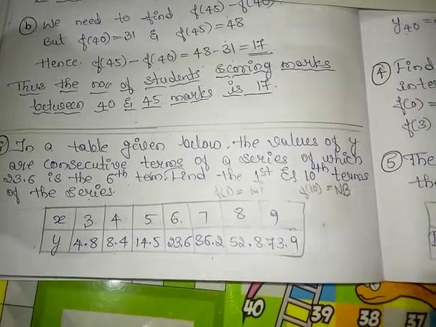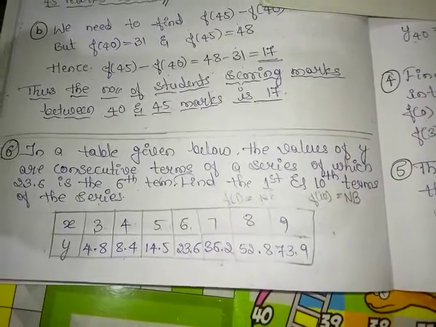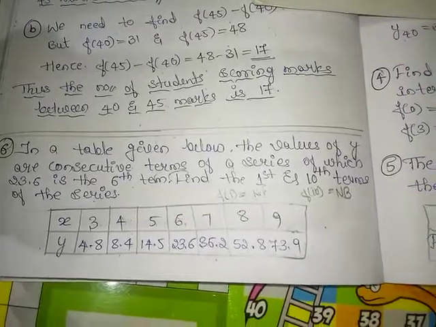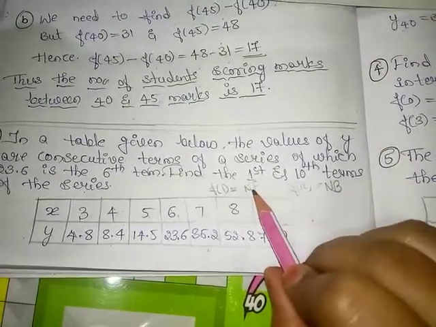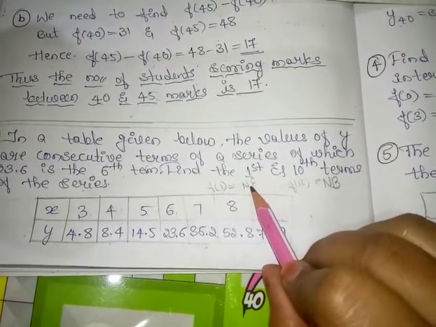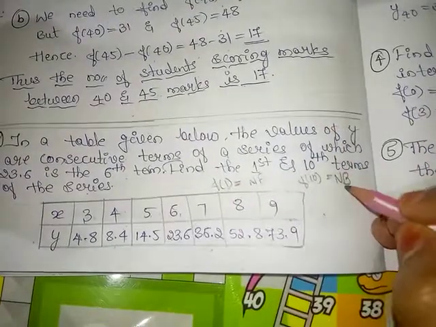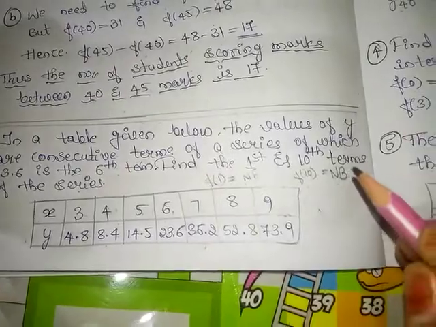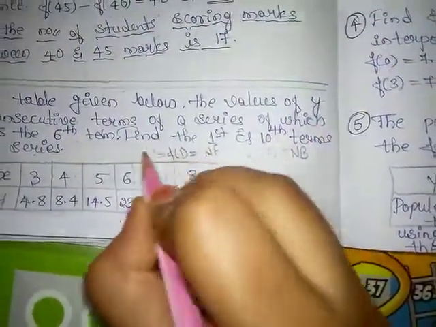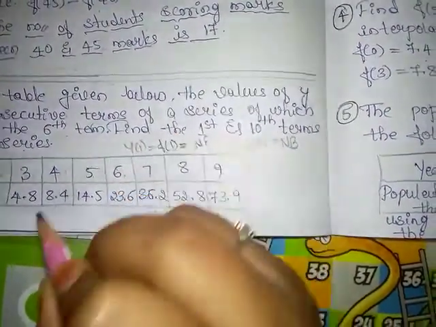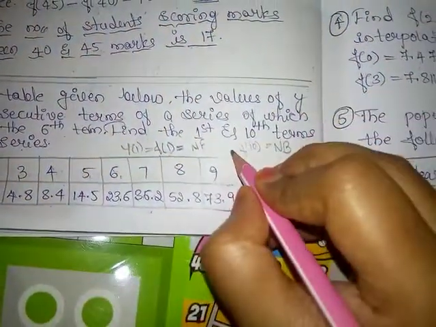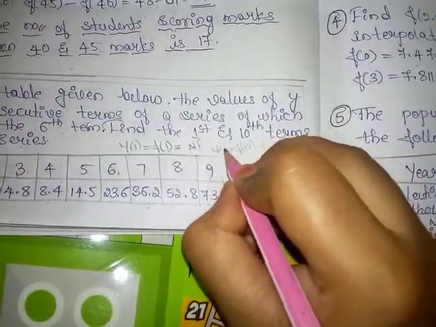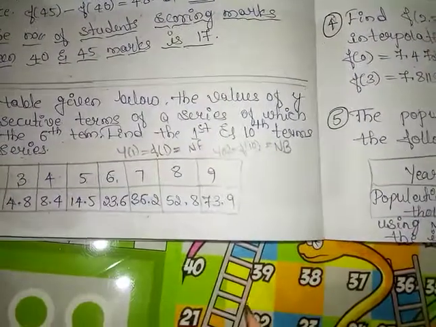Just write first difference, second difference, third difference, and so on, and after that find f of 1 using Newton's forward interpolation formula, and f of 10 using Newton's backward interpolation formula. Do not get confused here. This is also known as y at 1, meaning the first term. This is also known as y at the desired value 10.